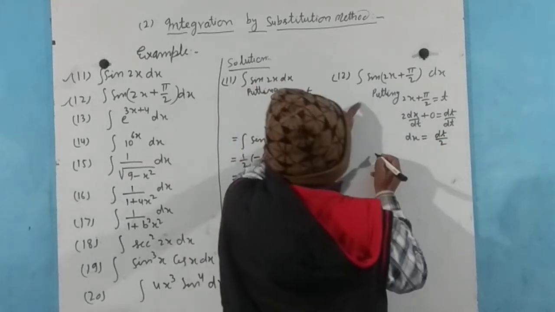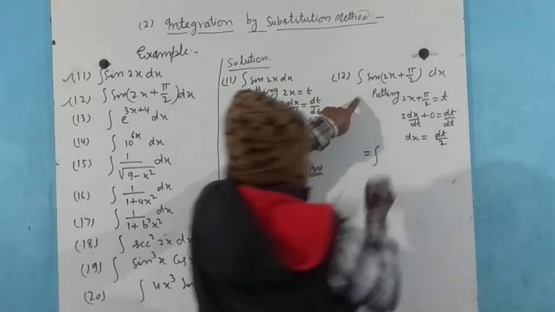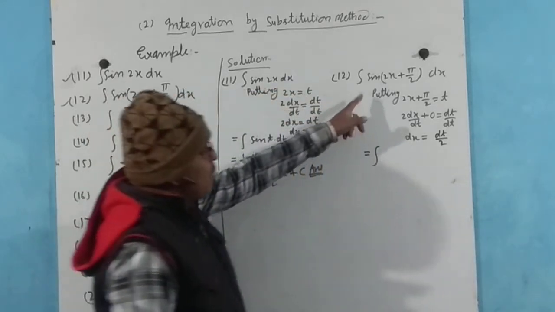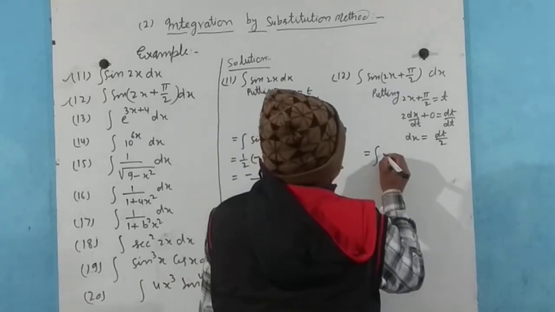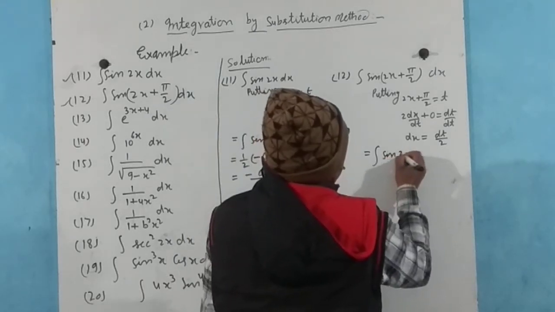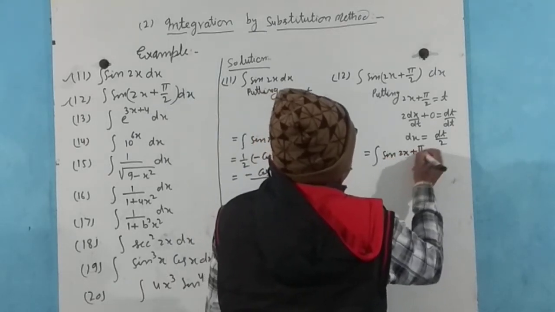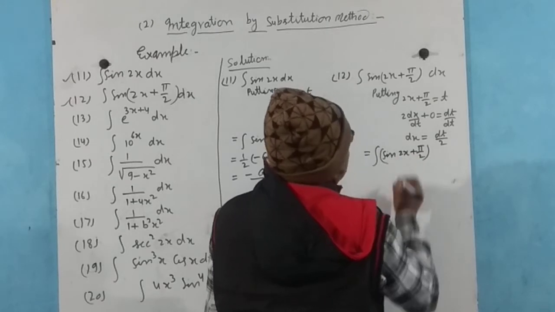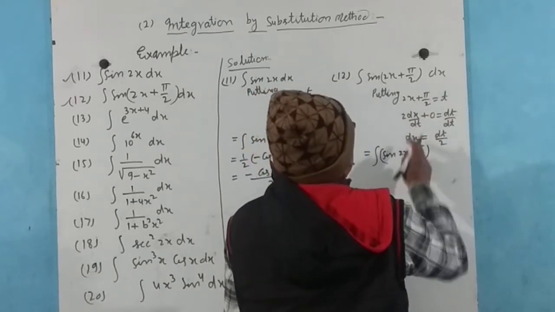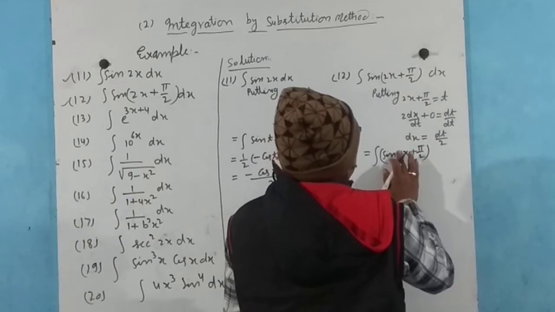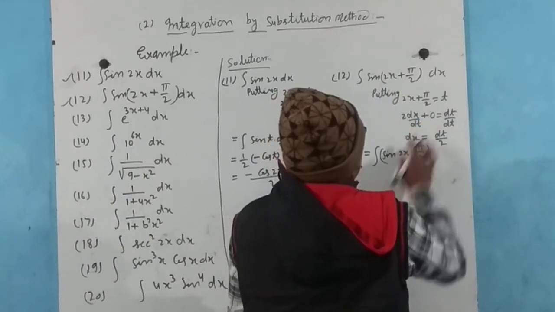Now putting in this question, integration of sin(2x plus pi by 2), this is equal to sin t here.